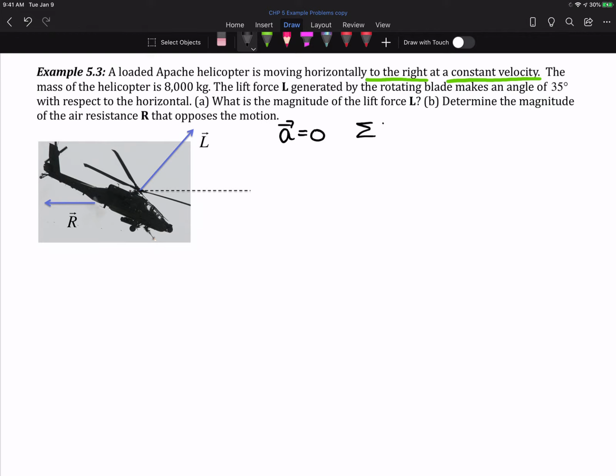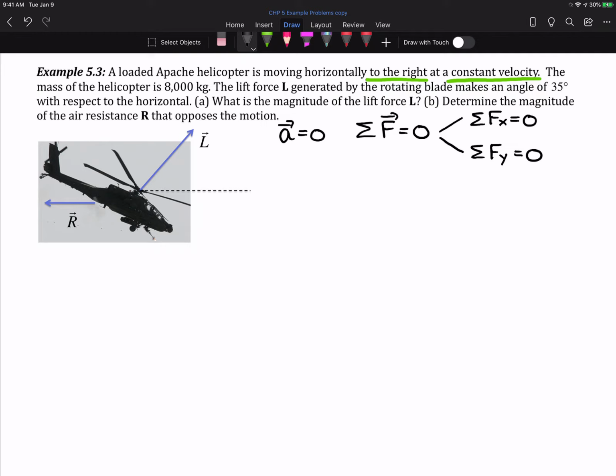So that means that the sum of the forces that are acting on the object have to be equal to zero. Now we can separate this vector expression for Newton's second law into the fact that the sum of the forces along one dimension, say the x direction, have to be zero, and the sum of the forces along the y direction have to be equal to zero.